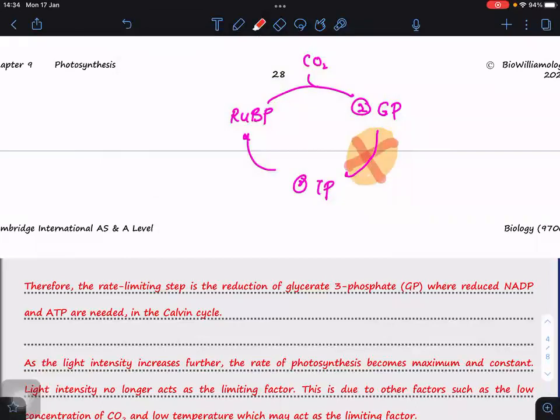If this process can't take place, GP concentration will confirm increase and TP concentration will be low. And RuBP, as long as CO2 is there, will continue to react with CO2 to get GP. That's why GP concentration is high, but there is no regeneration of RuBP. Can you see that? Are you clear? Please think about this.